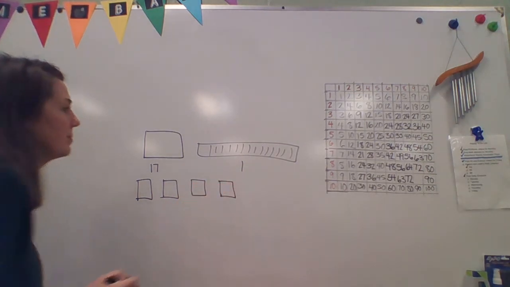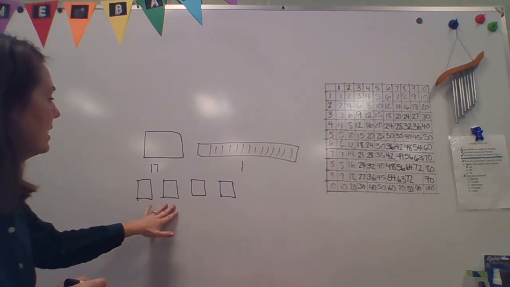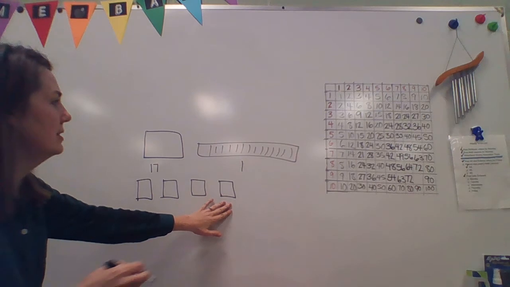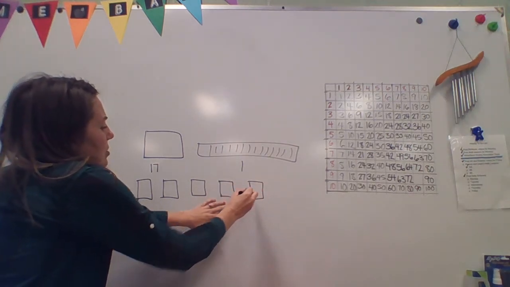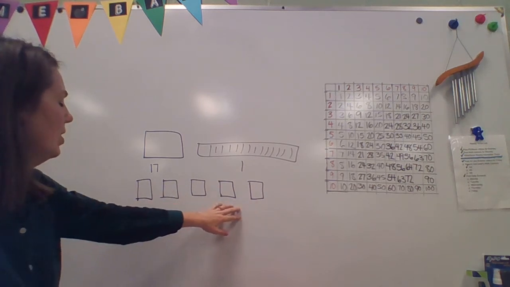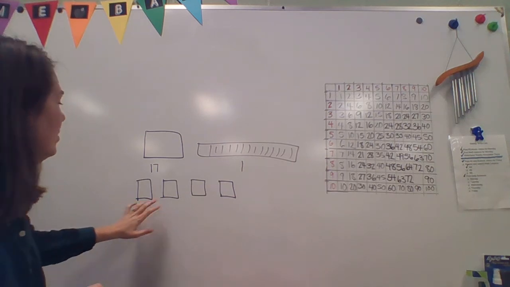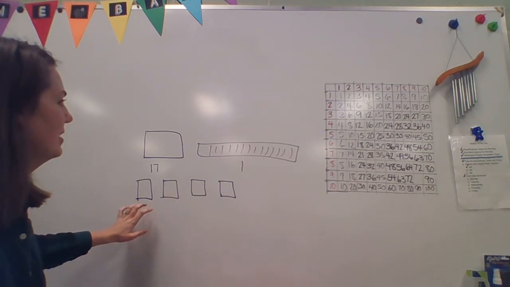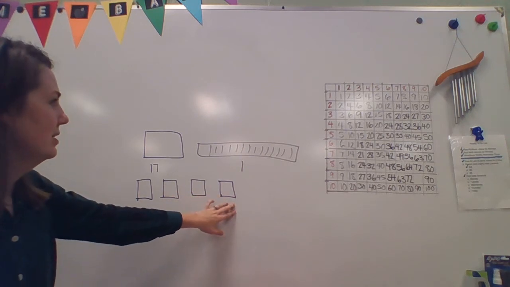4 bins, let's see, I could do 4, 8, 12, 16, 20. I'm sorry, I had 4 bins, right? So that would be 4, 8, 12, 16.